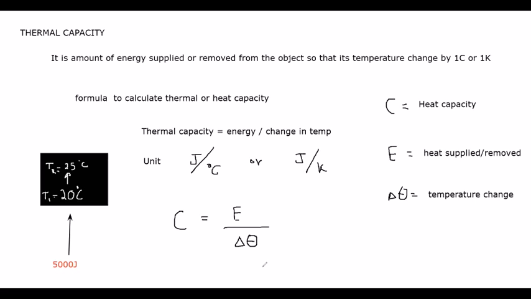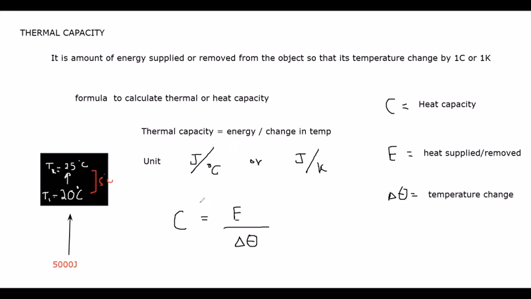If the question is to find the thermal capacity, how do we find it? Thermal capacity is energy supplied divided by temperature change. The energy which you are supplying is 5,000, and the temperature change is a 5 degree change.